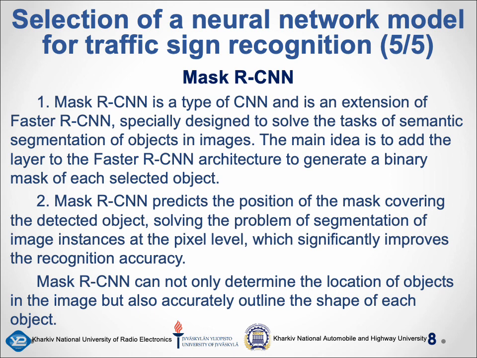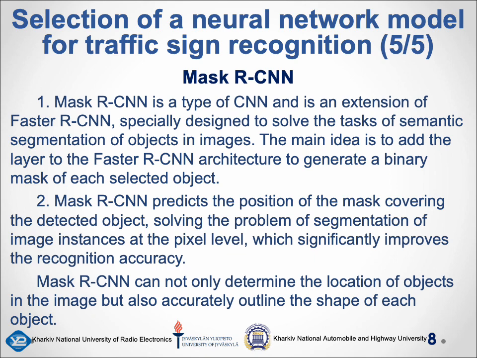Mask RCNN and its features. Mask RCNN is a type of CNN and is an extension of Faster RCNN, specially designed to solve the tasks of semantic segmentation of objects in images. The main idea is to add a layer to the Faster RCNN architecture to generate a binary mask of each selected object.